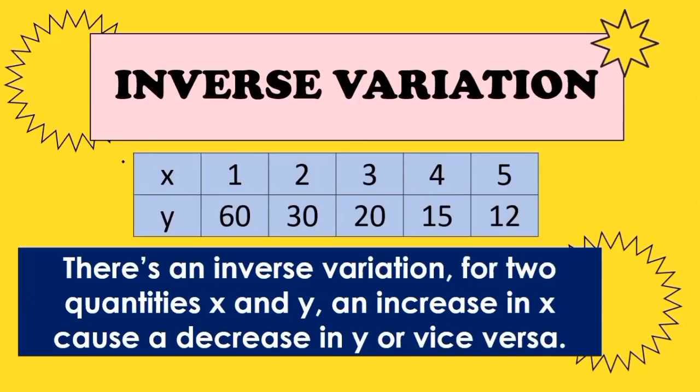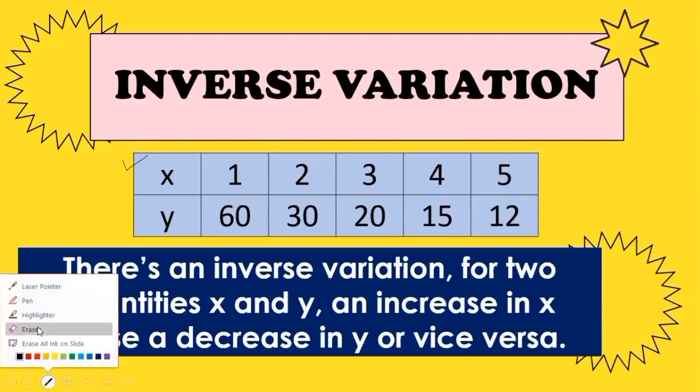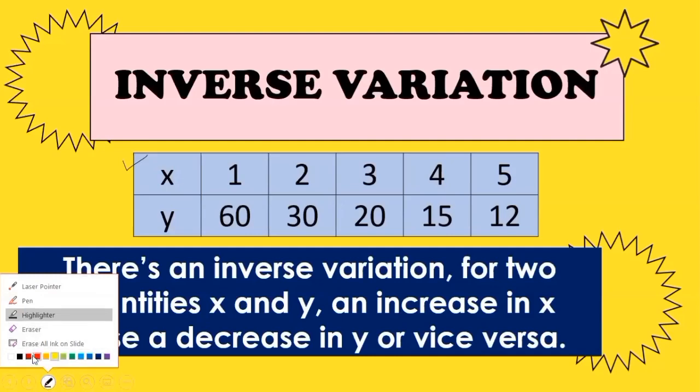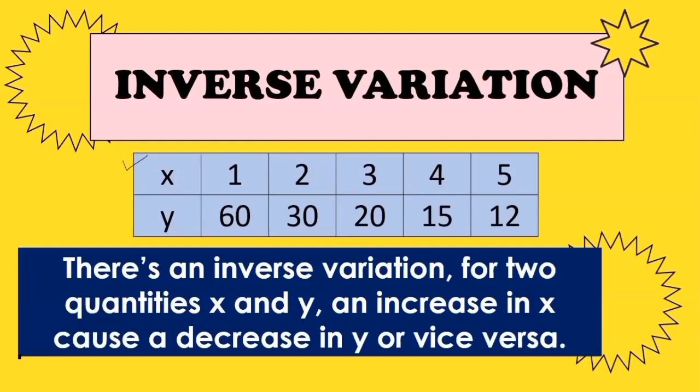How does the number change in x? Yes, the number for x is increasing from 1 to 5, while for the quantity y, it is decreasing. From 60, it is now 12.